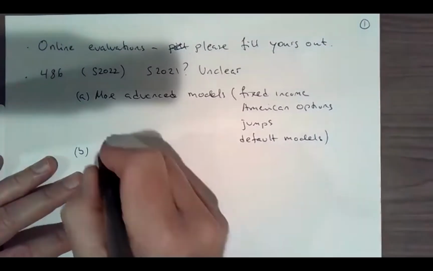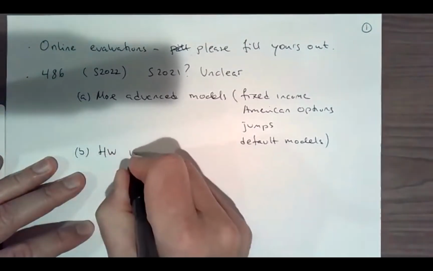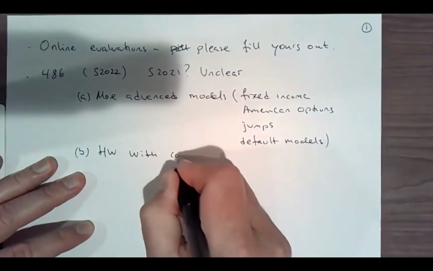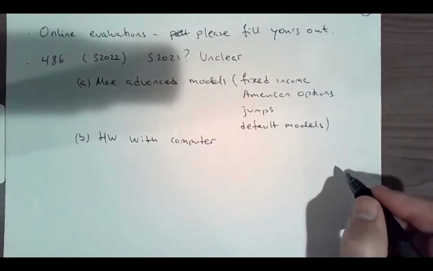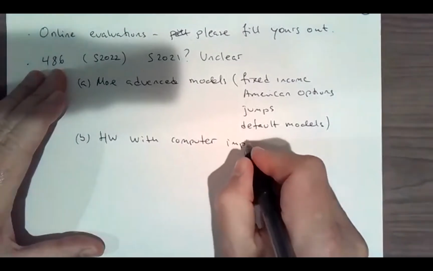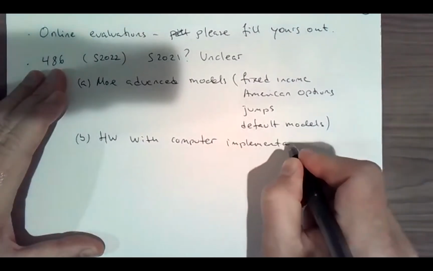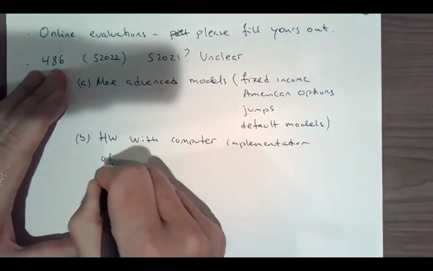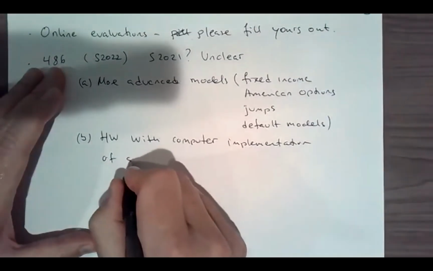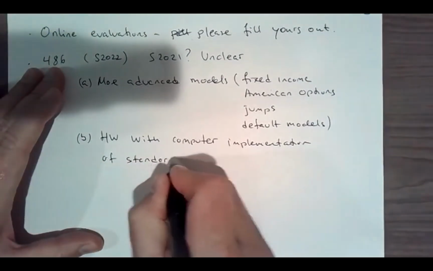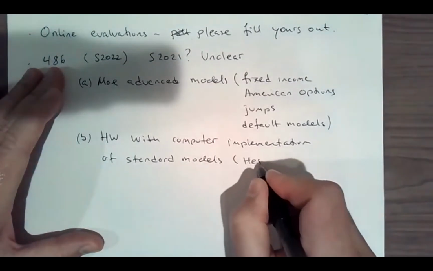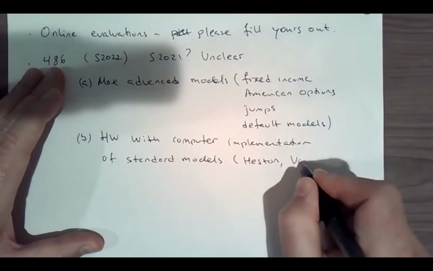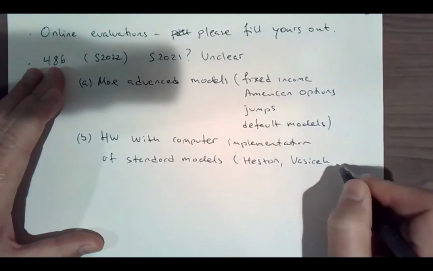The other one would be that we would start doing homework with a computer component, a computer implementation of these standard models. We already talked about Heston, we already talked about Vasicek, and so on.